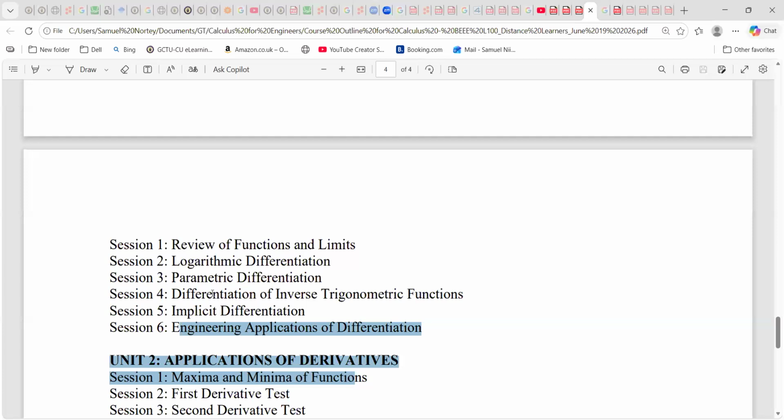So today, with lecture 3, we are going to take care of the inverse trig functions, implicit functions, and some applications.